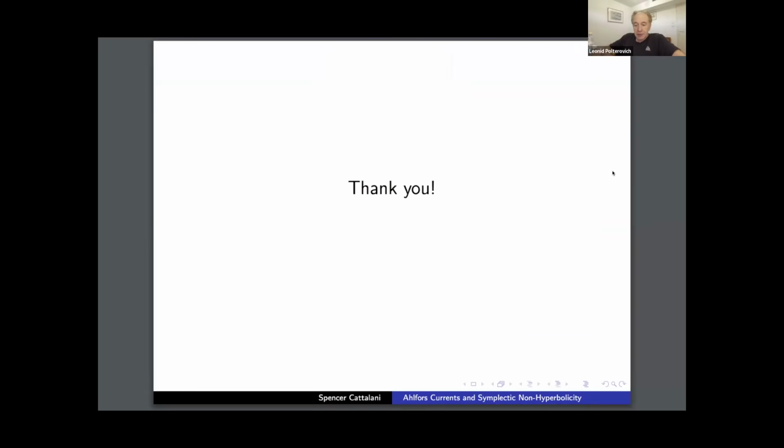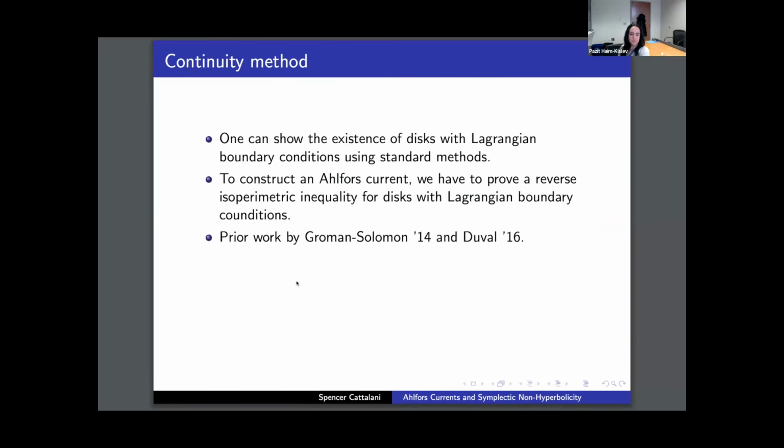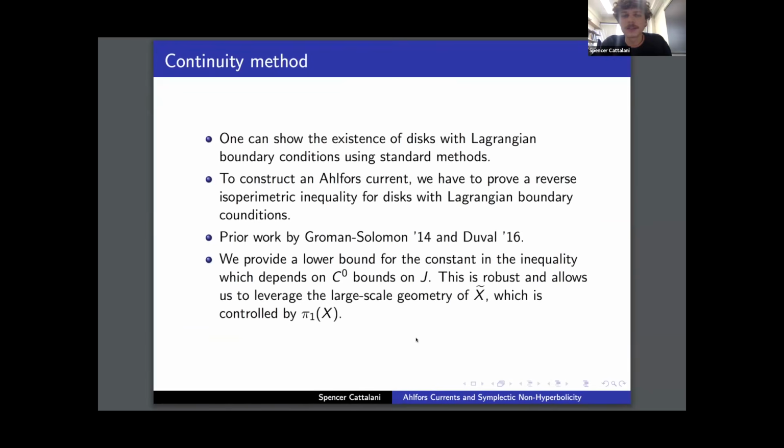Could you please explain the connection to the Dehn function? Oh, yes. It's related to this last point below. This work by Duval shows that this reverse isoperimetric inequality comes from a monotonicity formula relative to the Lagrangian, which comes from the holomorphic curves being quasi-minimizing.